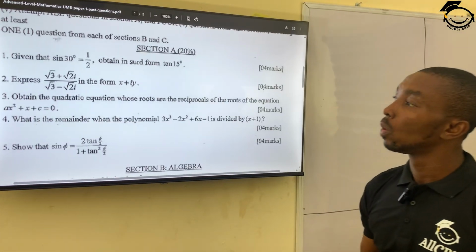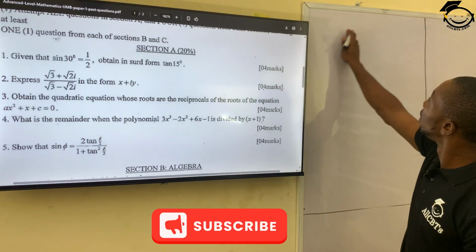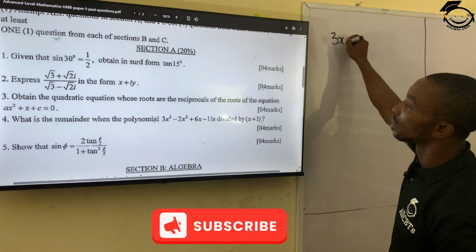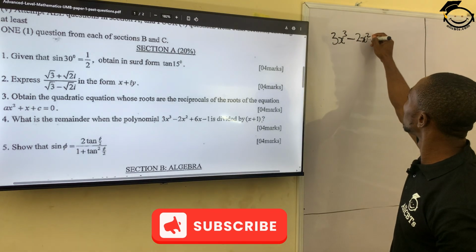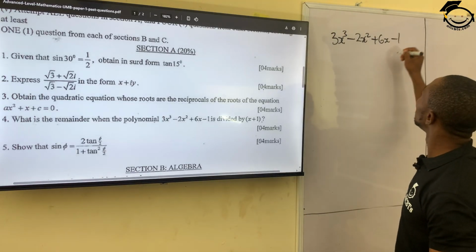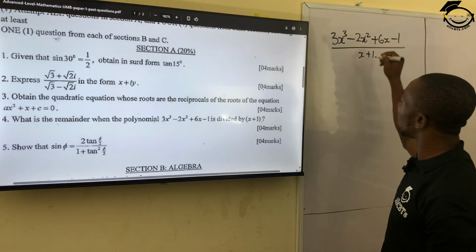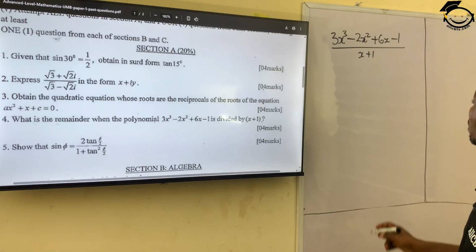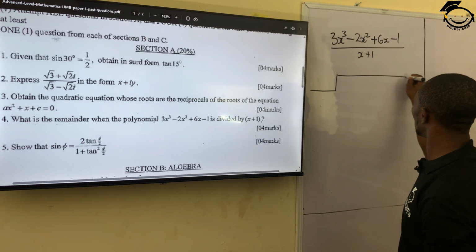Question 4. What is the remainder when the polynomial 3x cubed minus 2x squared plus 6x minus 1 is divided by x plus 1? Now, in solving this, we are going to have it this way. Let's use our long division method.